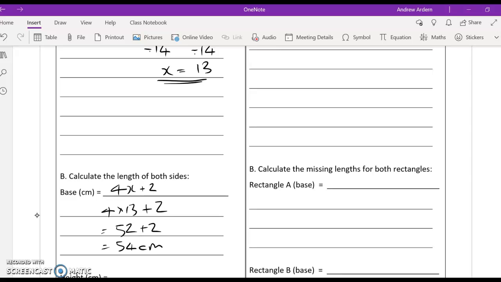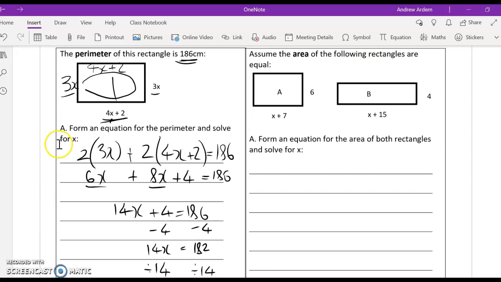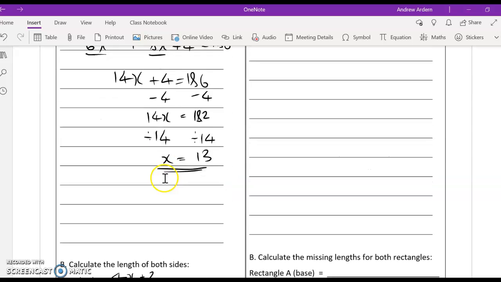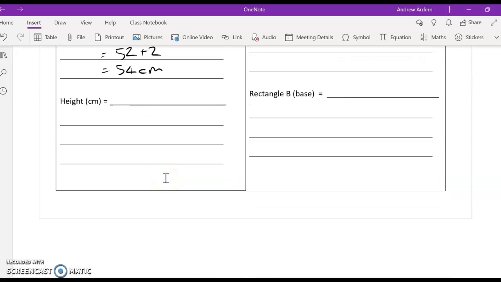So length. And I believe up here it talks about centimeters, so all the units are in centimeters, and the height is going to be 3 lots of x. The height was 3x, x was 13, therefore 39 cm.